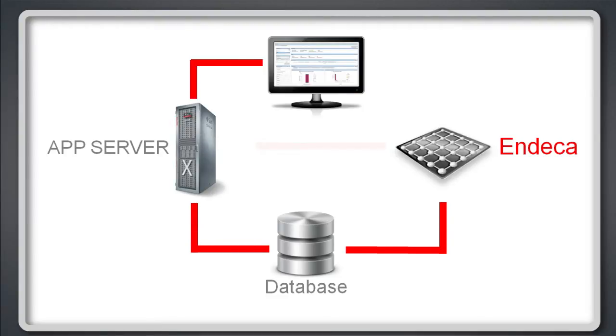We connect it to the EBS database. We take a subset of that data and store it on the Endeca tier. When the user requests content within Endeca, it communicates with the Endeca server through the application server, back and forth, feeding the content back through the application server.